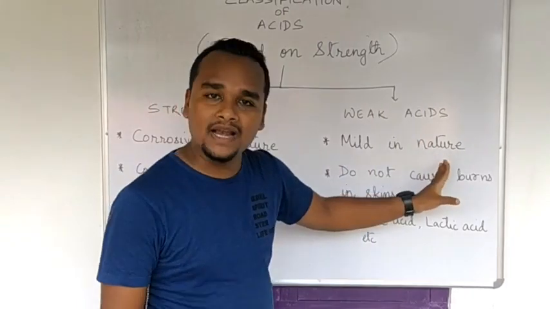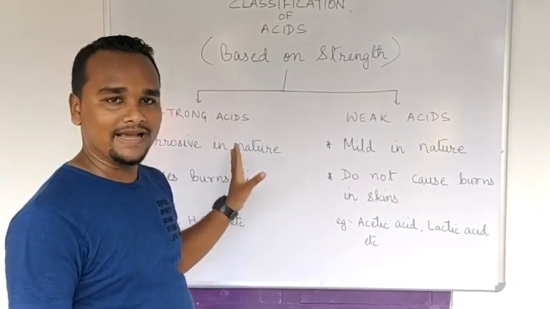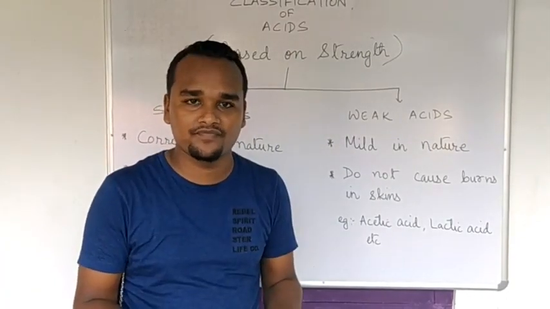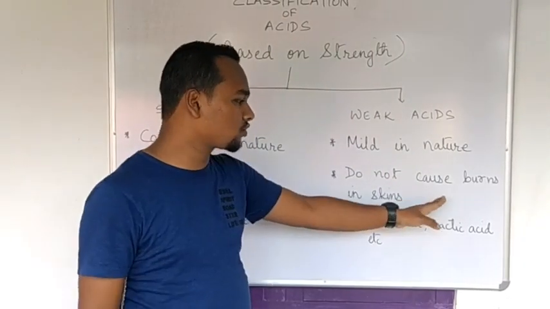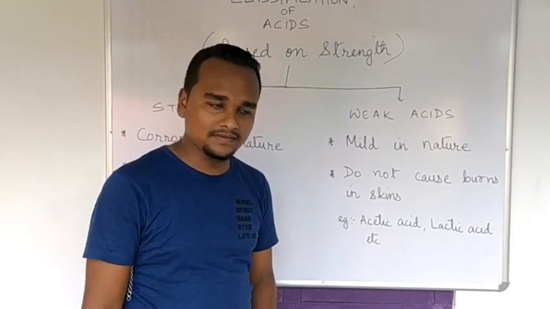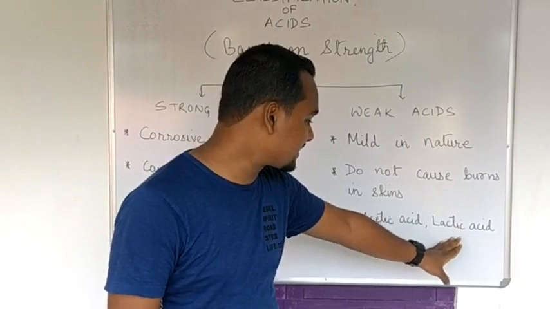They are mild in nature, that means they are not as strong as strong acids. They are not corrosive, so they do not cause burns on skin. Clear? Examples of weak acids are acetic acid, lactic acid, etc.